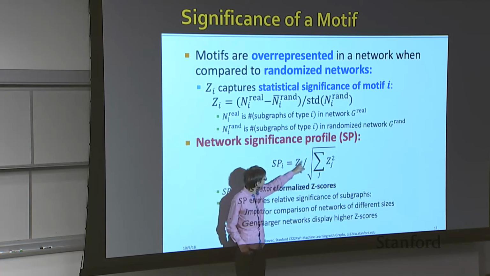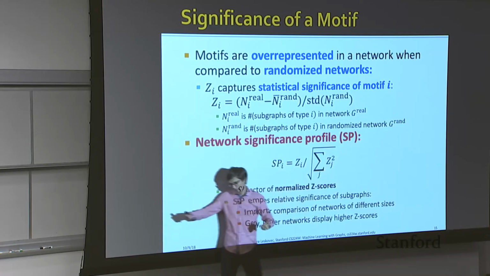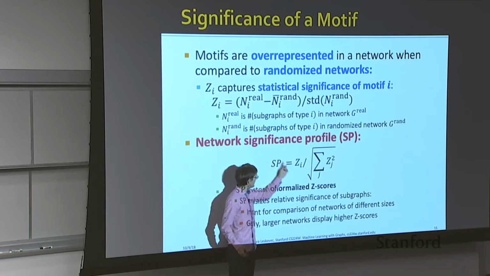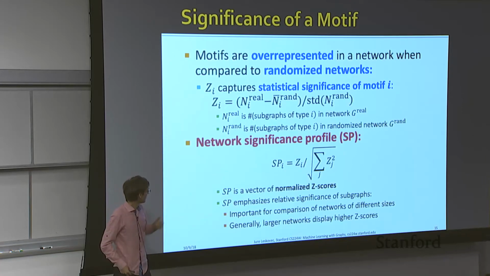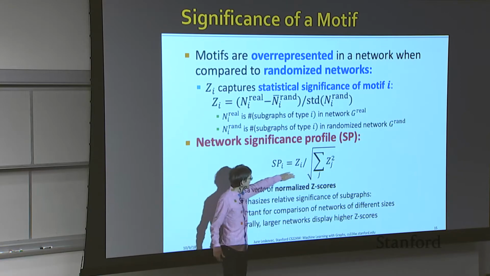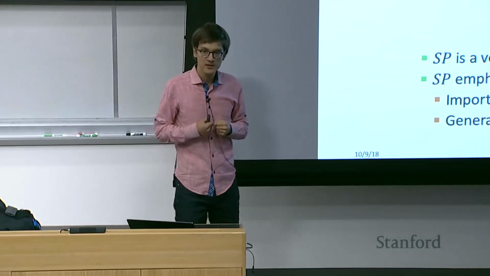You take these z-scores and normalize them such that the sum of the squares of the z-scores equals 1, so that the Euclidean length of this significance profile vector equals 1. That's essentially what this normalization does. And this is it. So now we know how to compute the significance profile.